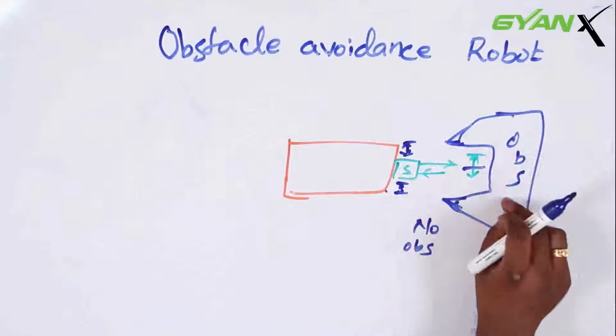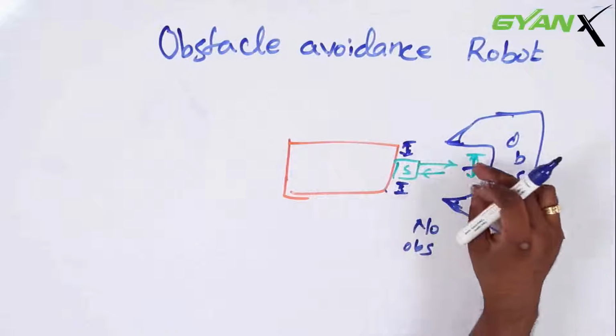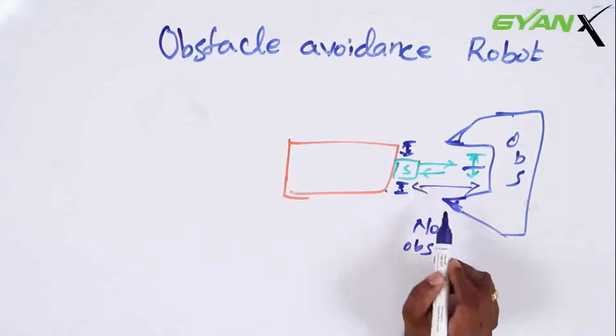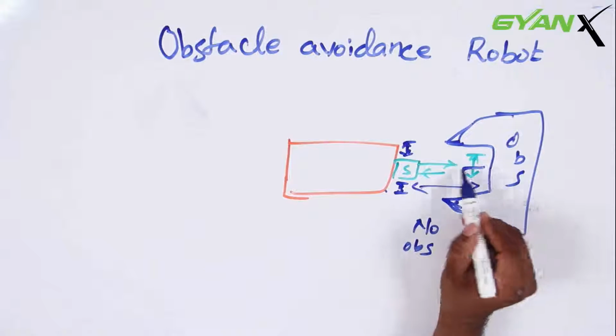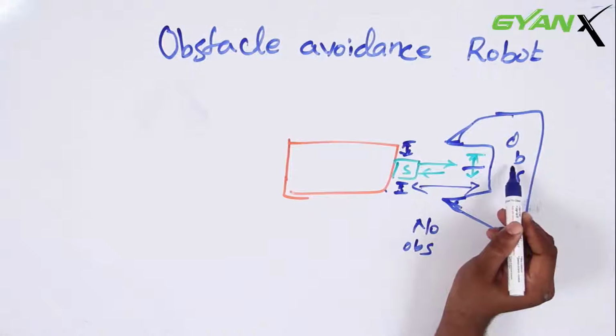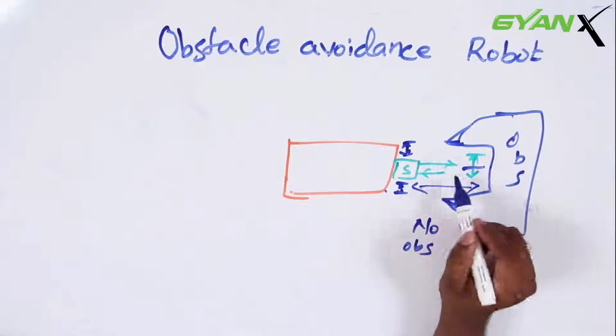The sensor detects no obstacle because the distance to the obstacle from where the sensor is approaching is more. So right now you need to think of how to avoid this case.